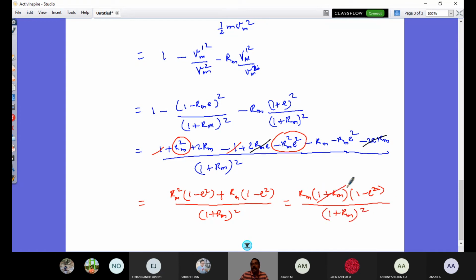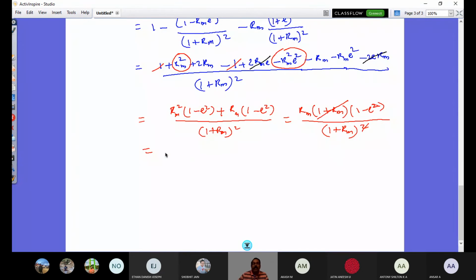So here again, this Rm and this square go off. So I would be ending with a simplified expression in terms of Rm and E for the total energy loss. That's going to be Rm into 1 minus E square by 1 plus Rm. This is the energy loss.